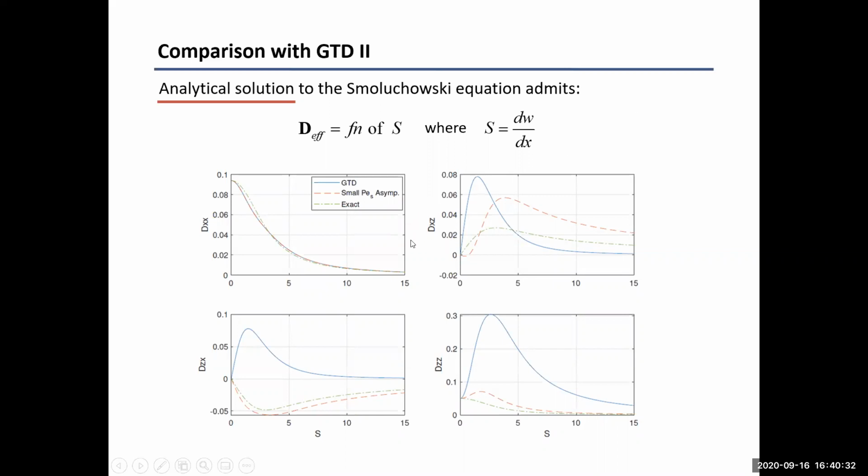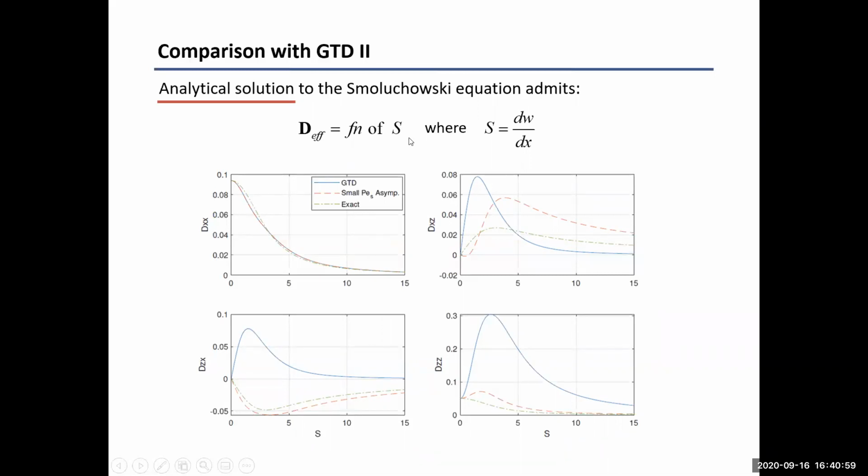Here, this cross diffusion DXZ, as you can see, is quite different for our asymptotic theory, the Smoluchowski equation and GTD, although they all show a similar tendency. But if you look at the DZX here, you see that these show very strange behavior.